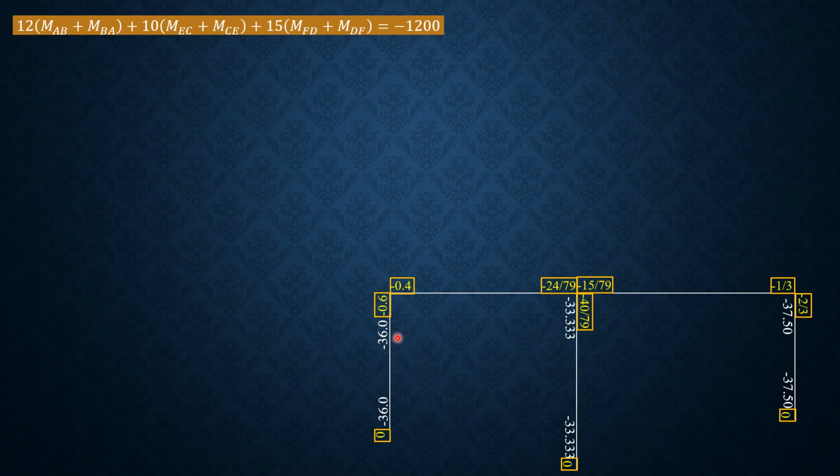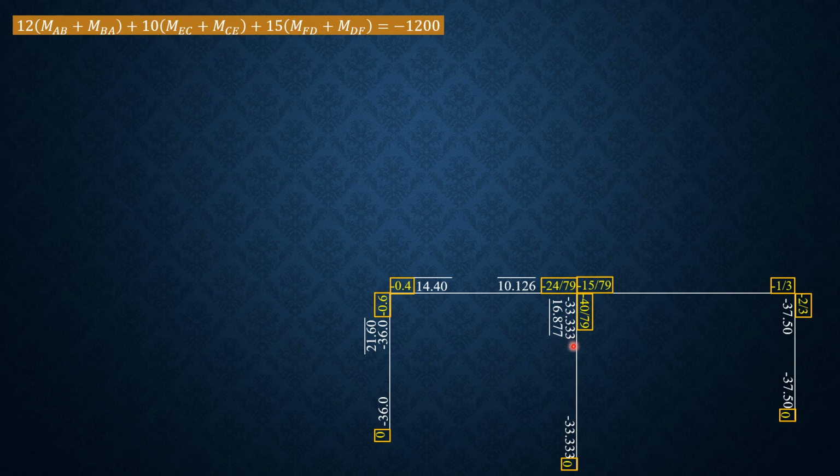So negative 36 times negative 0.6 is 21.6, lock. Negative 36 times negative 0.4, 14.4, lock. Negative 33.33 times negative 40 over 79 is 16.877, lock. Negative 33.333 times negative 24 over 79, 10.126, lock.